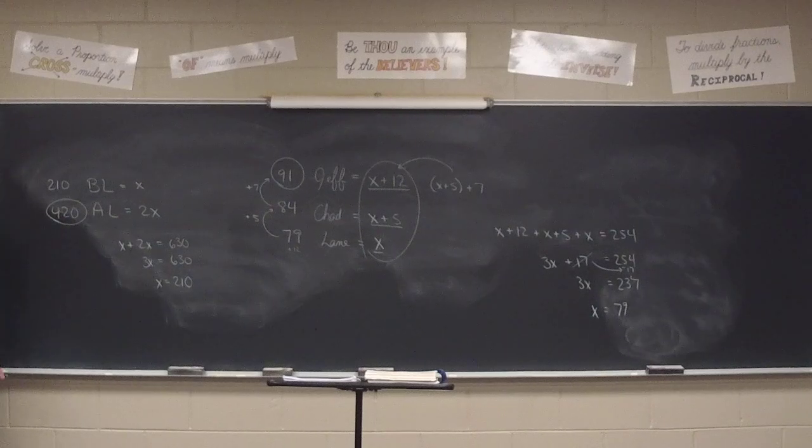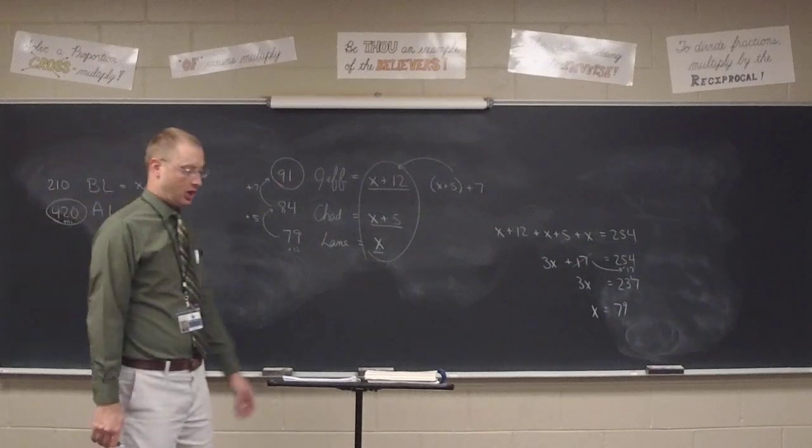Since it asked how many miles, we don't have to write the unit. If it said how far did they travel, we would say 420 miles. But it said how many miles, so the miles was already included. Nothing would be wrong to include the unit just as a precaution.